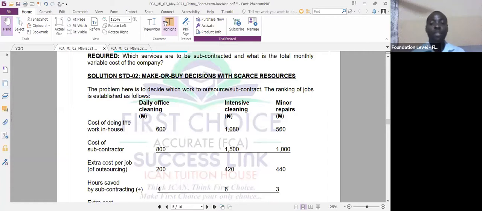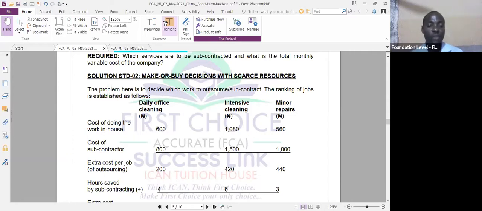First of all, you arrange the jobs as a heading for each column. So we have the daily office cleaning job, the intensive job, and the minor repair jobs. Now, what is the cost of doing the job in-house?